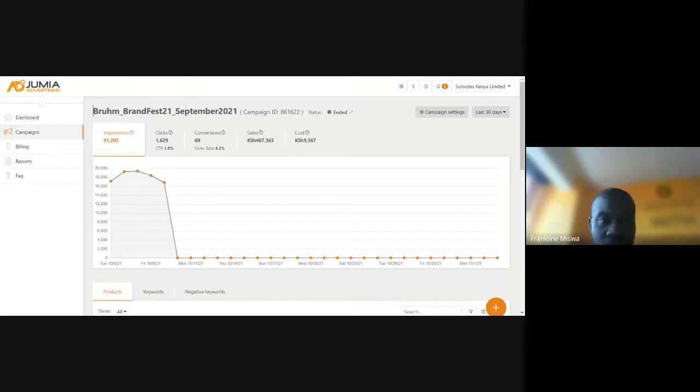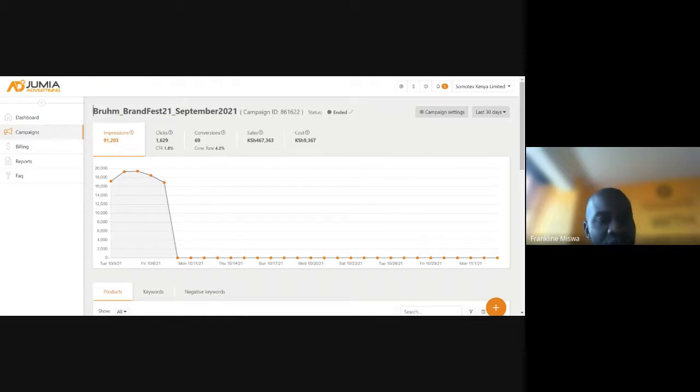If you just divide those numbers, you'll be able to get it. Conversion simply means an actual purchase took place, meaning a customer went and bought the product. And conversion rate is simply a ratio of clicks to conversions. The higher, the better.